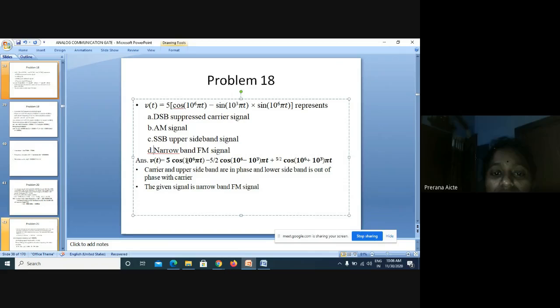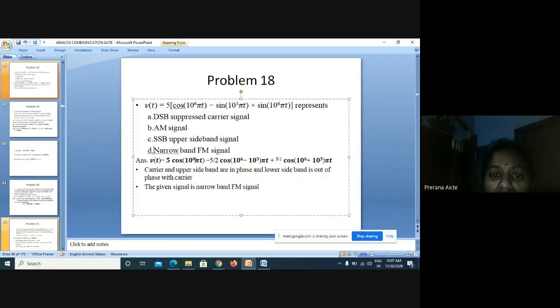Just remember, your narrowband FM is similar to your AM signal expression, but the only difference is that the lower sideband will be out of phase with the carrier. That means we'll get a minus here. This is the same as your AM signal when we have plus 5/2 instead of minus 5/2.